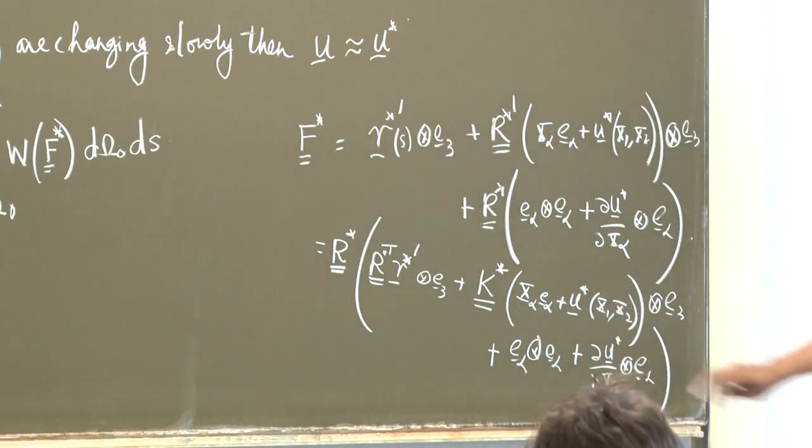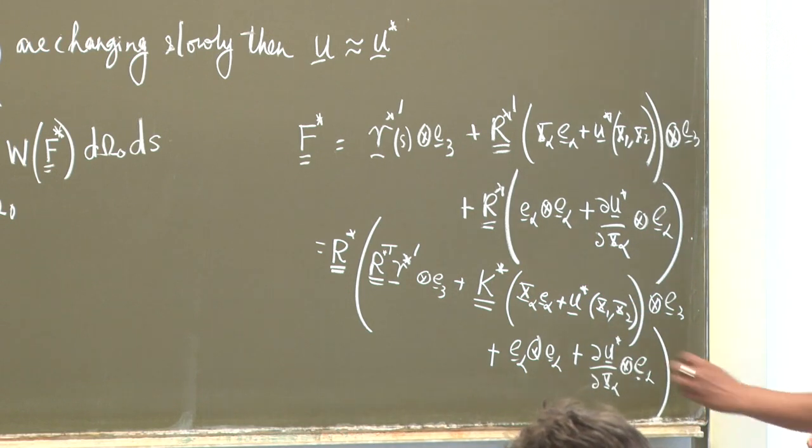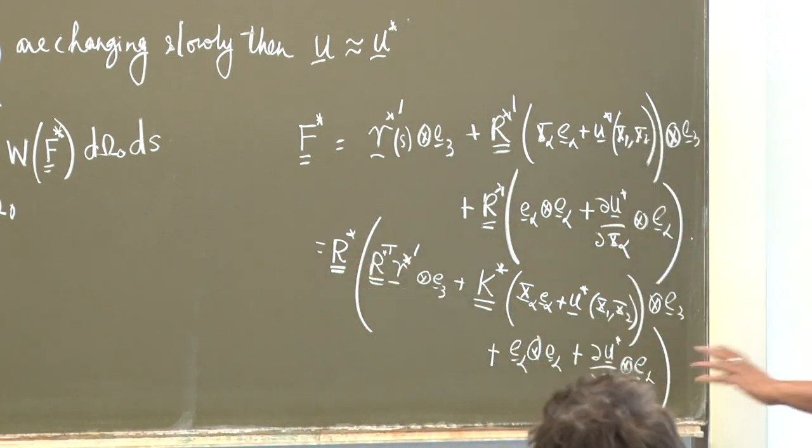Okay, the whole thing is within the bracket. So what I did is just took this R star as a common.